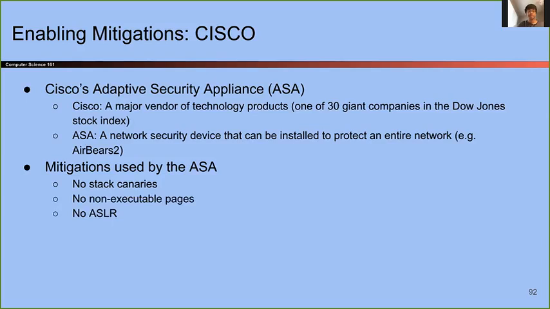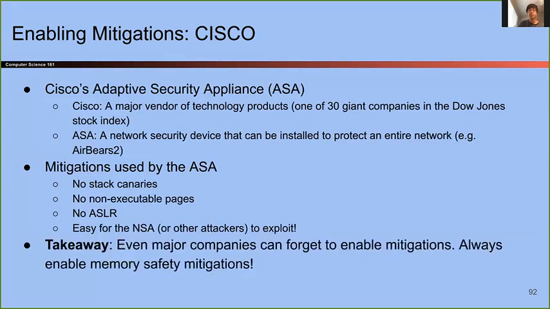They had no stack canaries, no non-executable pages, no ASLR, and this made it really easy for the NSA to exploit. Again, we talked about the exploit. I forget the name of it off the top of my head. I think it was Extra Bacon. Yeah. And I guess to complete that, it was really easy for the NSA to exploit this because they didn't enable mitigations.